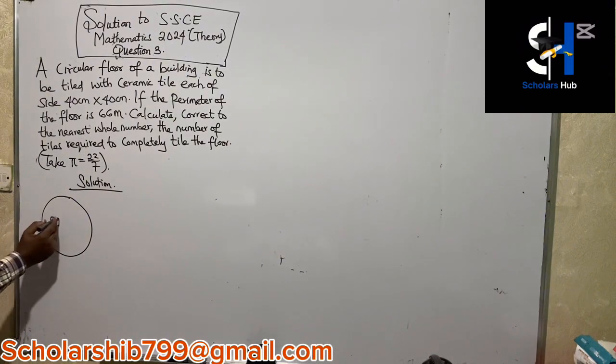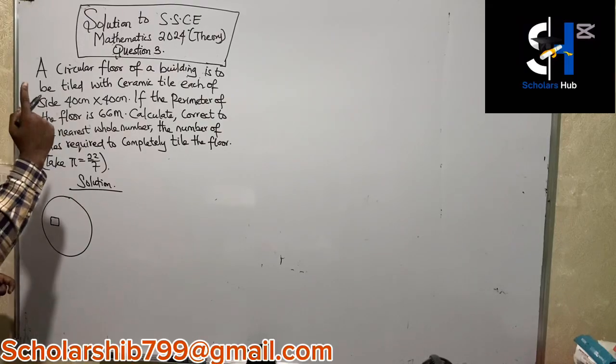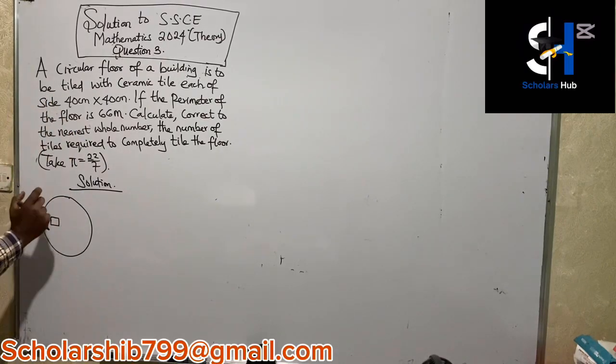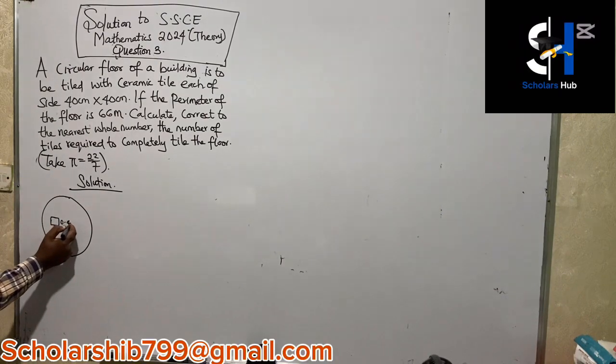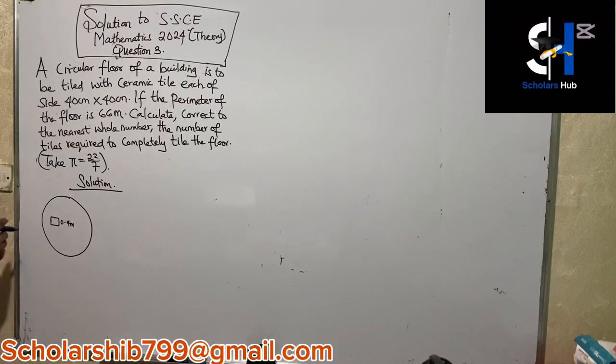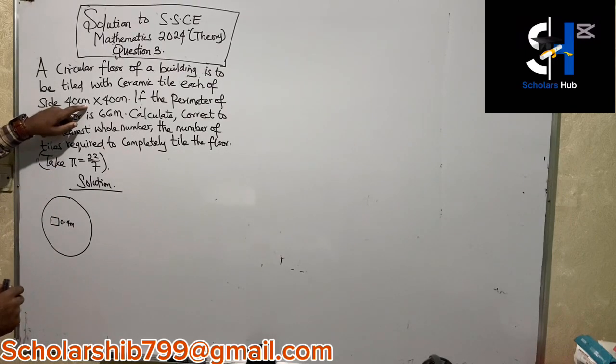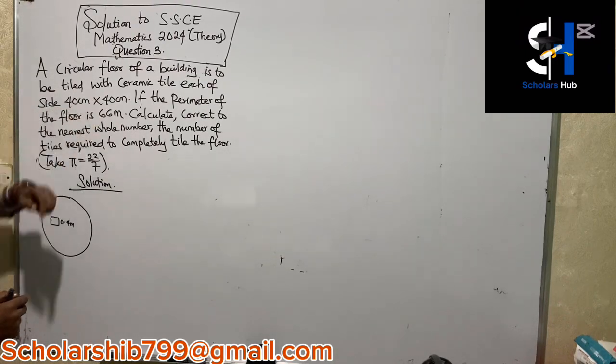One tile is a square with side of 0.4 meters. Remember I said we have more than one tile, but here each tile has this dimension, 40 centimeter times 40 centimeter.